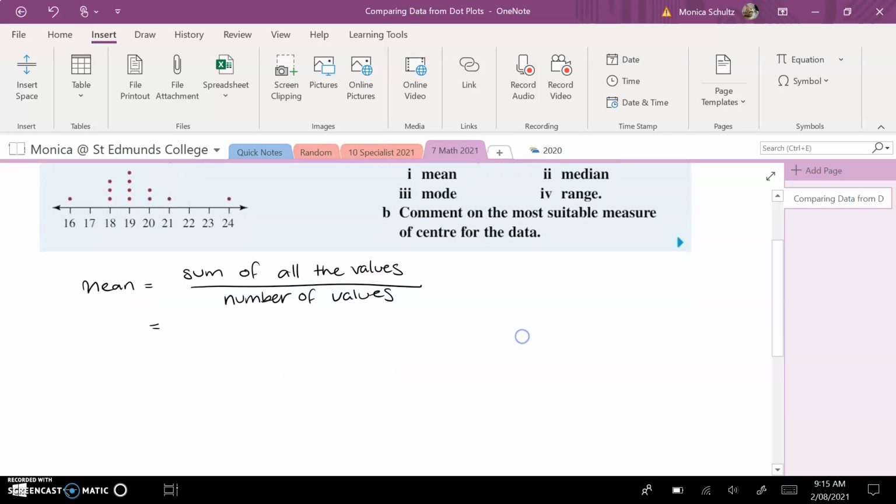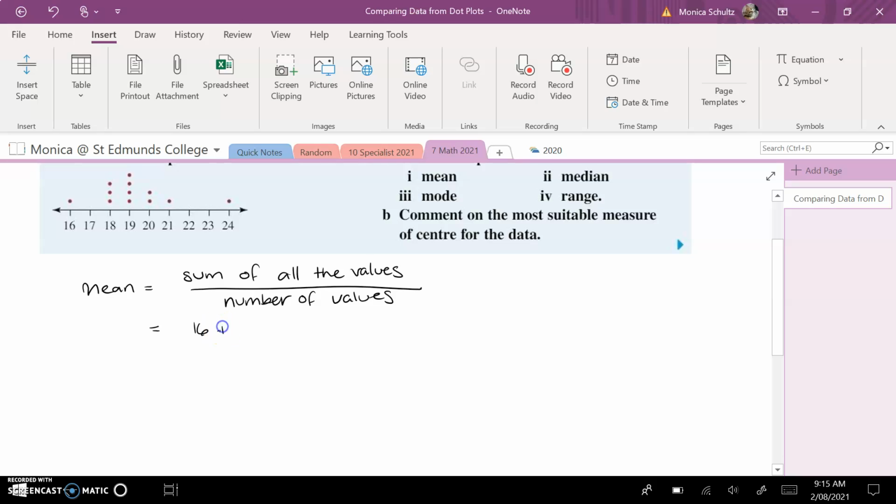So in this case we have 16 plus 18, there's 3 18s, we have 4 19s, that plus looks a bit like a times, 1, 4, 20, 20, 21, and 24.